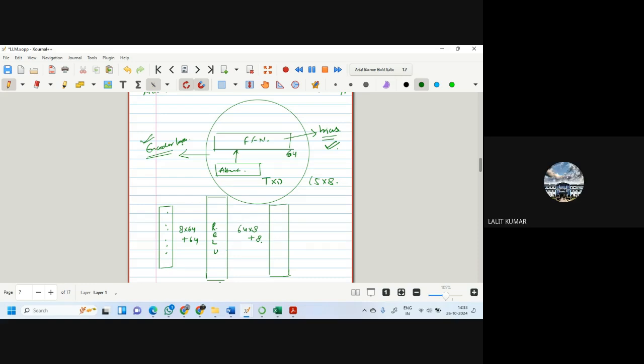But it is not necessary that your FFN will always have 4 into D model. It is not general, it can be chosen. Don't assume that it will be 4 into D model. Please look for the FFN size. They might give you 128, they might give you 64.